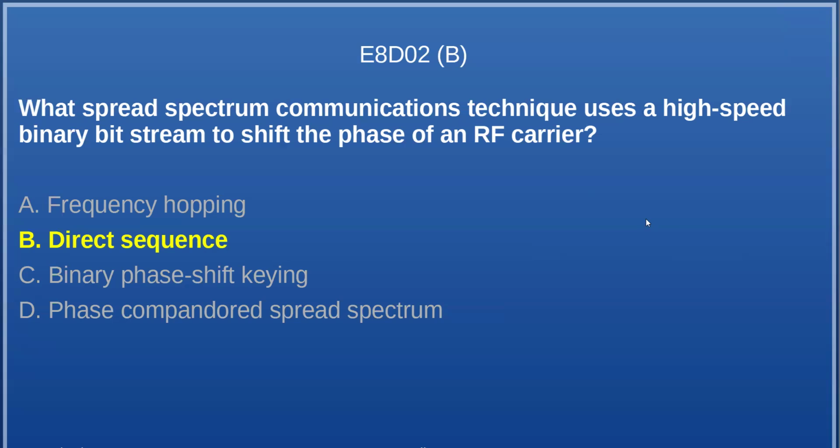Right. That's not the technique. Well, I guess because they asked for the technique as opposed to the actual type of modulation, which would be binary phase shift. Okay, yeah. But the technique is direct sequence as opposed to frequency hopping.